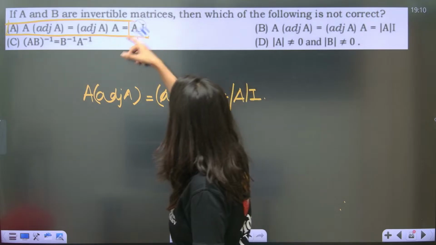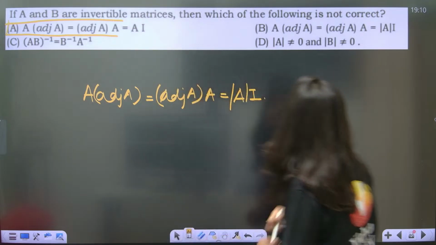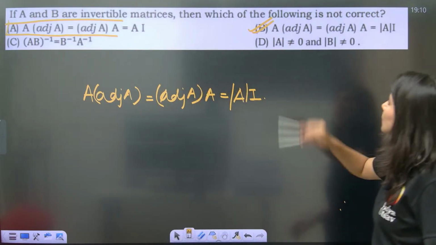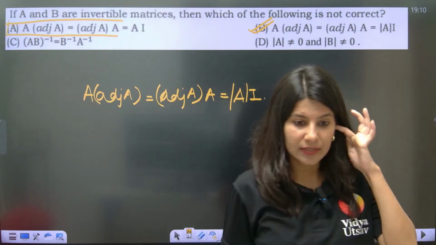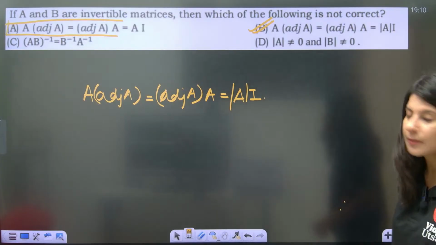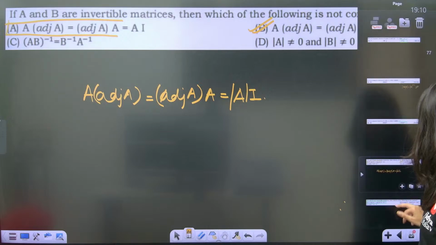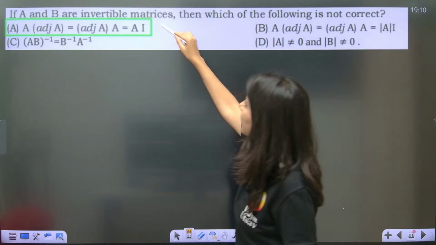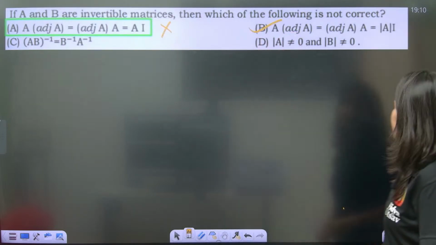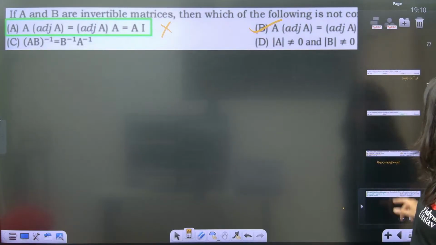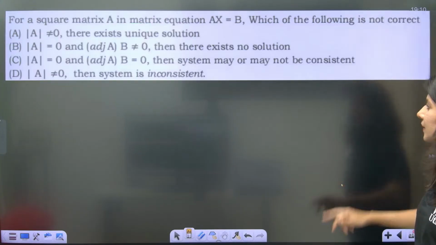So this option is correct. Option B is correct, not option A. In this PDF, the option mark is incorrect. Option B is correct. So this is again a very, very basic and important property.